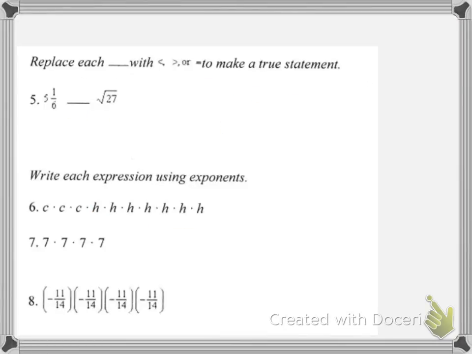For number 5, we're comparing. So you want to change them to the same form. So I'm going to change my mixed number to its decimal equivalent, which is 5.16 repeating. Then I'm going to take the square root of 27. Remember on your calculator, this is the second button, and then the x squared button, so that you get the square root sign.